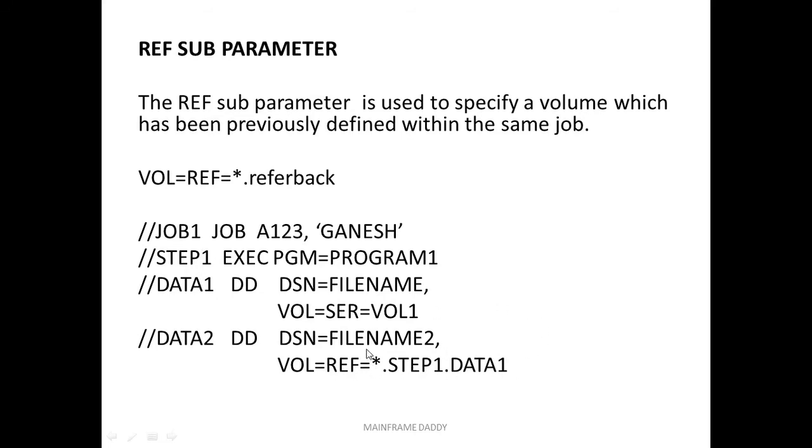It will automatically refer to this volume, that is STEP1 DATA1 and its volume 1. So we are making reference to this volume 1 through this REF parameter. REF=*.STEP1.DATA1 will point to volume 1, which is coded in the DATA1.